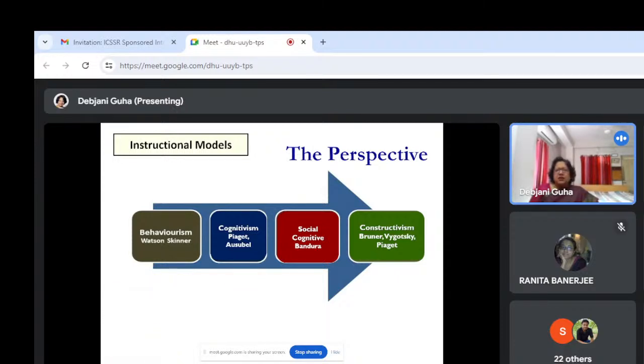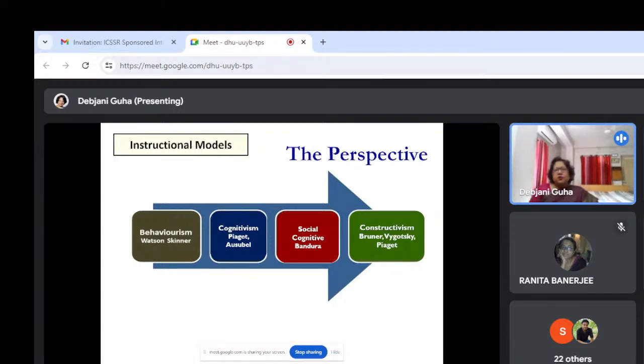And after that, when cognitivism comes into the field, the focus of cognitivism is on internal mental processes that occur during learning, processes like perception, memorization, problem solving, reasoning, thinking, logical thinking, decision making, and so on.